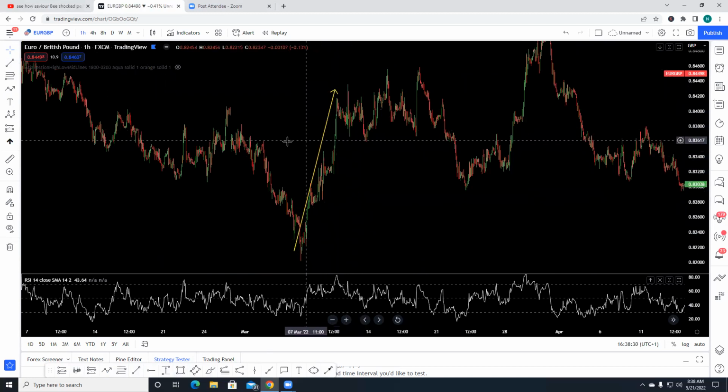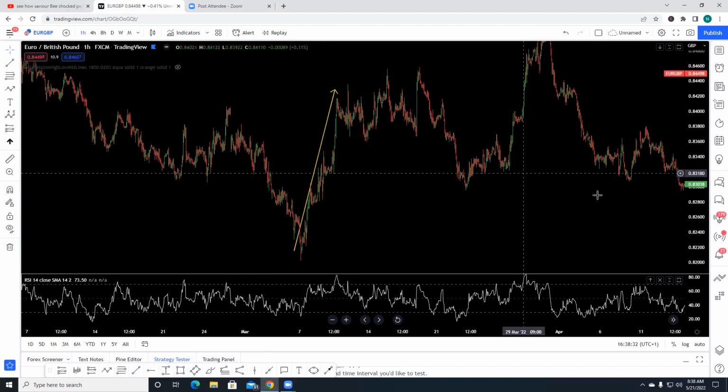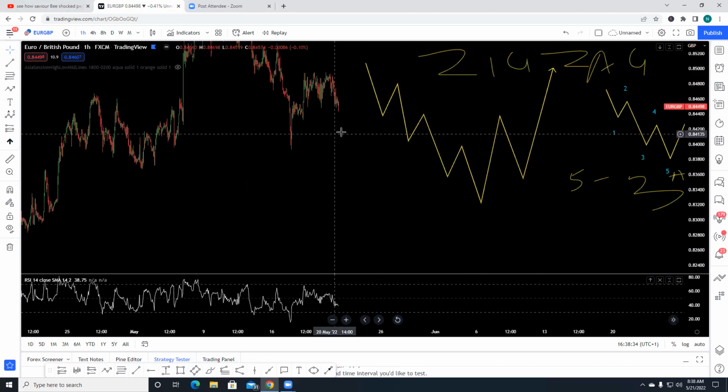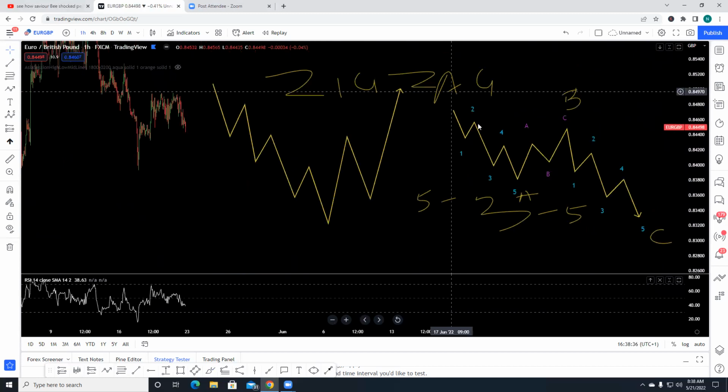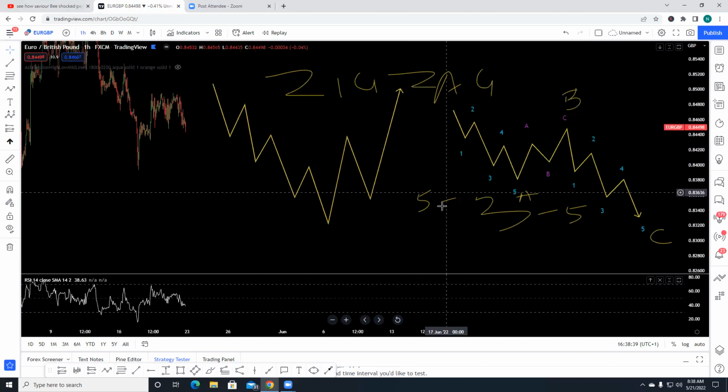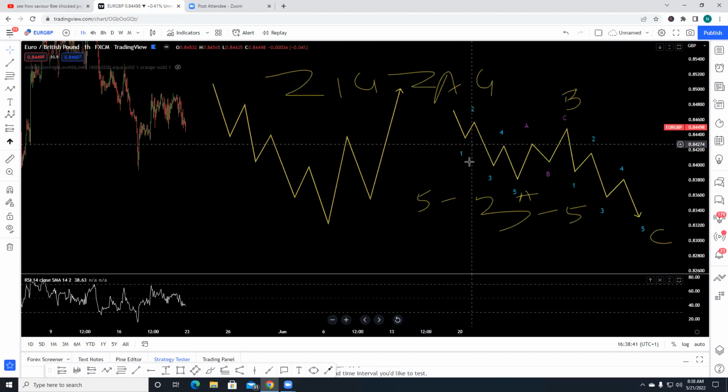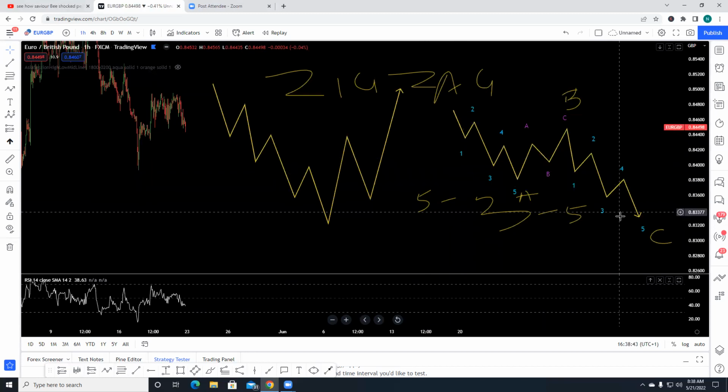But this is an impulse. Do you understand? I always have to show you in this shape so that you'll know that the wave structure of a zigzag is 5-3-5.